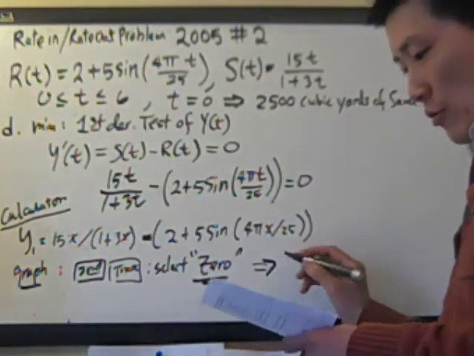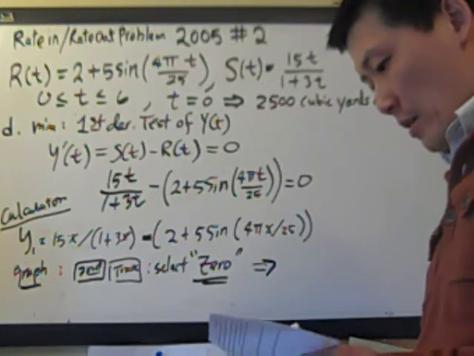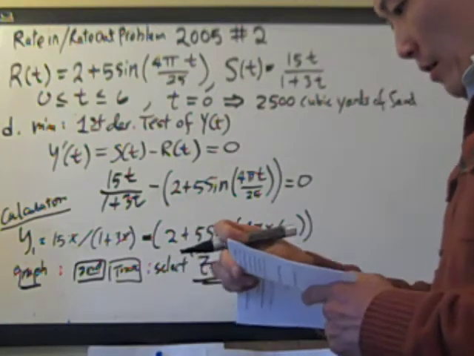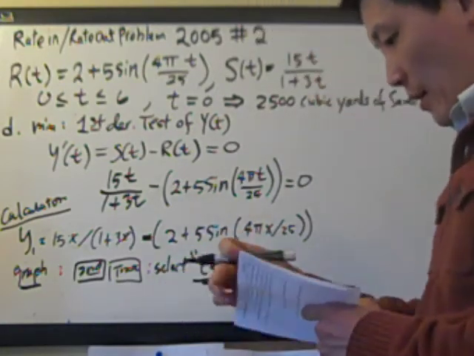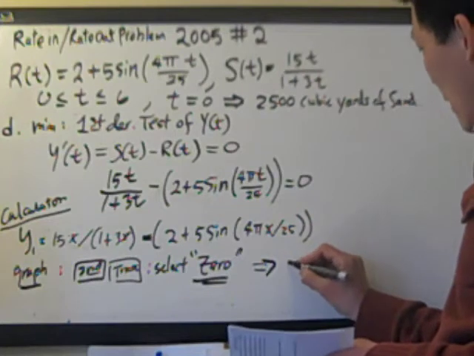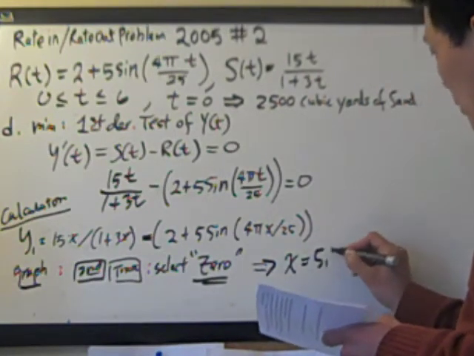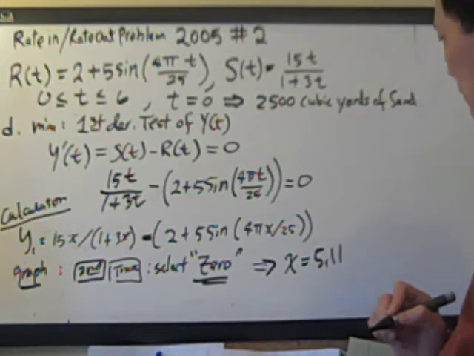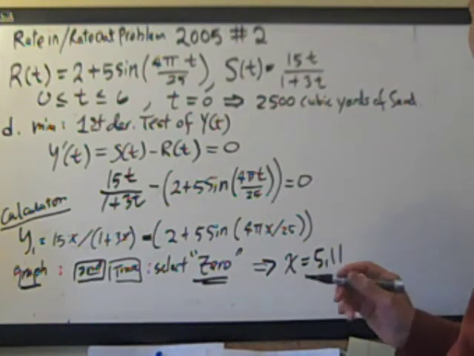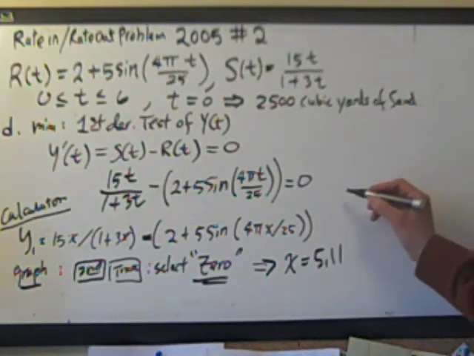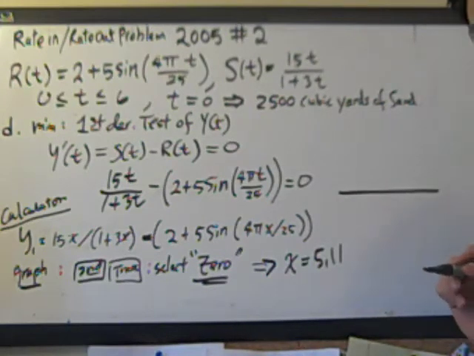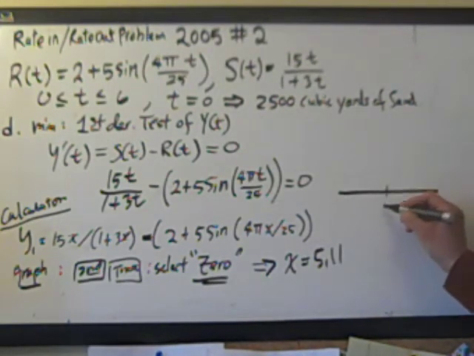According to my value here, it should give you a critical point at 5.11, something close to that. So what you can do is use the first derivative test at 5.11.